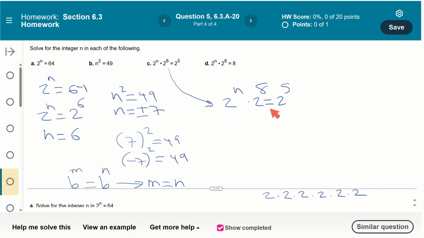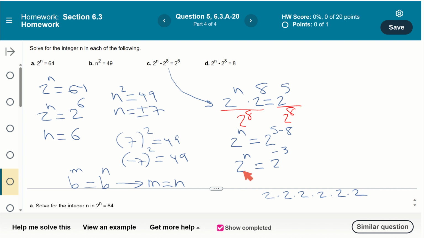So why don't we divide both sides by 2 to the 8 to get that accomplished. So on the left side now I just have 2 to the n, right? Notice on the right side, I can use the quotient rule. So I get 2 to the power of top exponent minus bottom exponent, right?